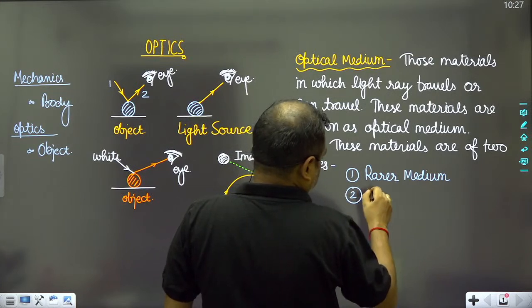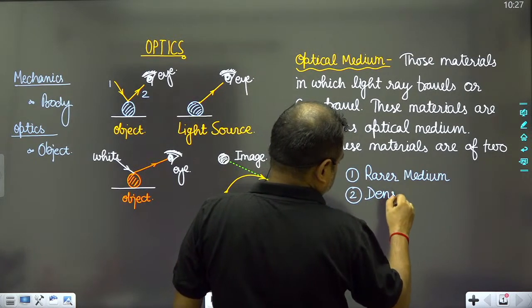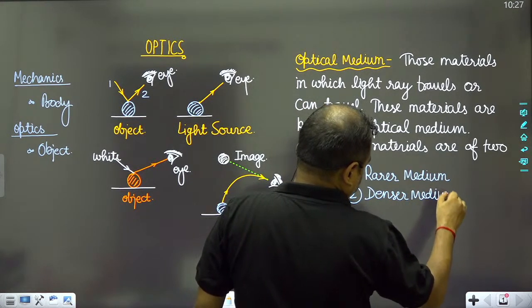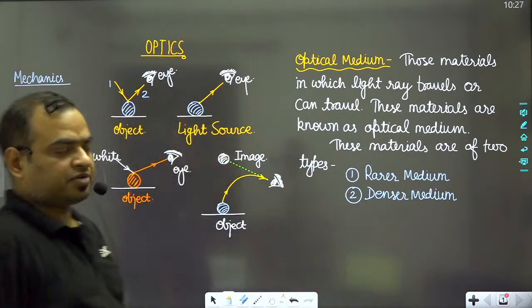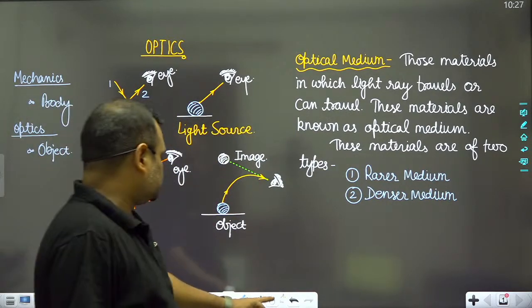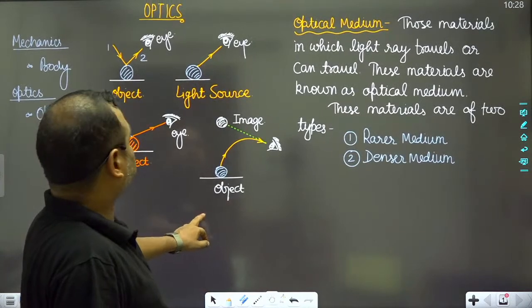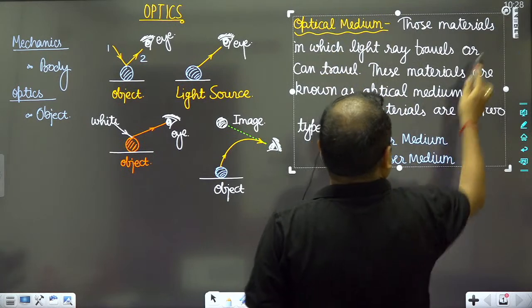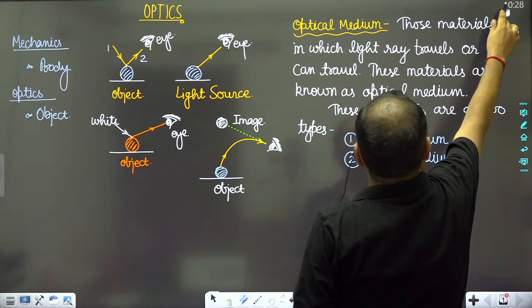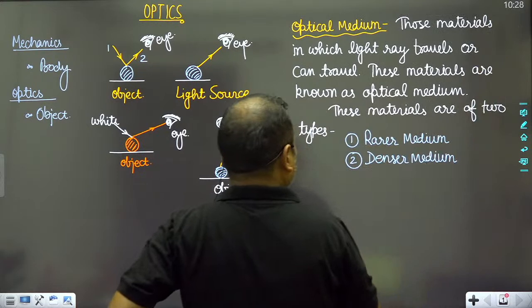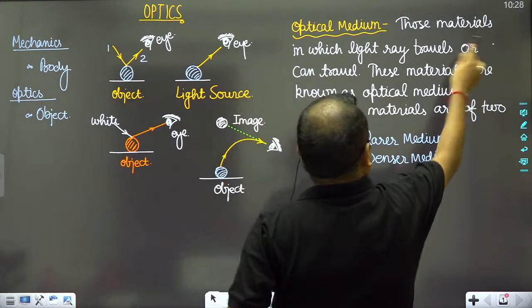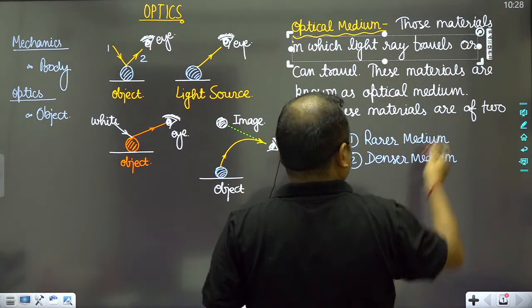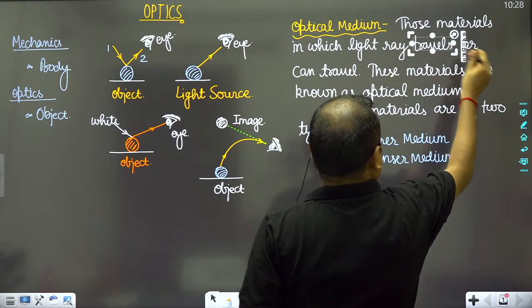Number two, denser medium. So rarer medium and denser medium are the two types of materials.